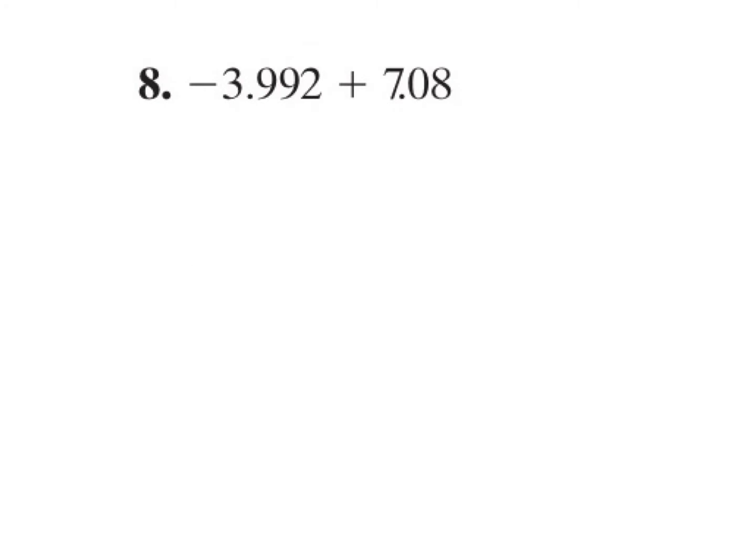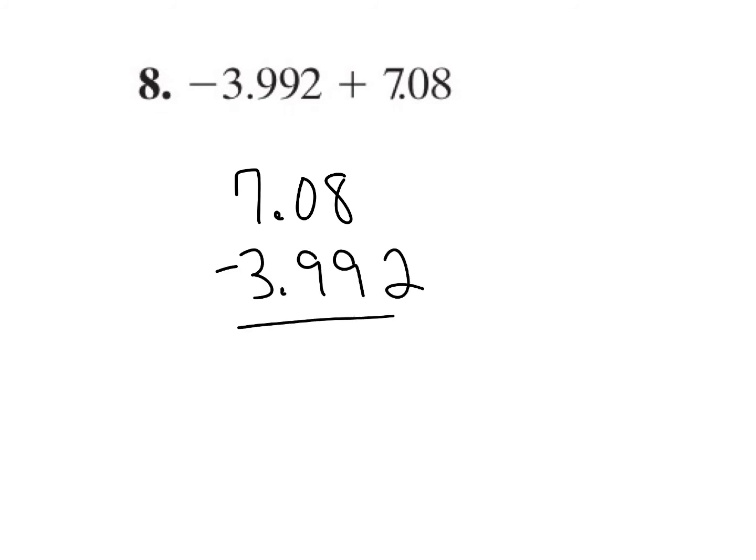On number 8, we have different signs, so we're going to take the difference, we're going to subtract. Since we have more positives, we're going to put that number on the top. You can add a 0 if you'd like.